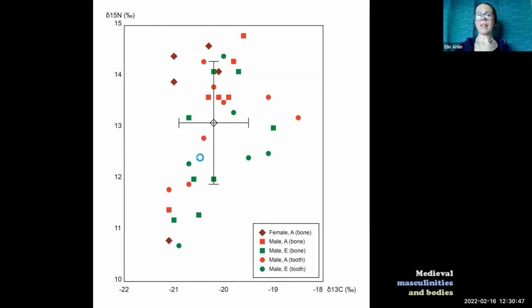And the N here is nitrogen, so those at the lower end had lower nitrogen values than the one at the top. And nitrogen differs depending on your position in the food chain. So people eating a lot of vegetables would be down at the bottom. If you eat meat from herbivores, you end up a little bit higher. Meat from carnivores, up at the top.